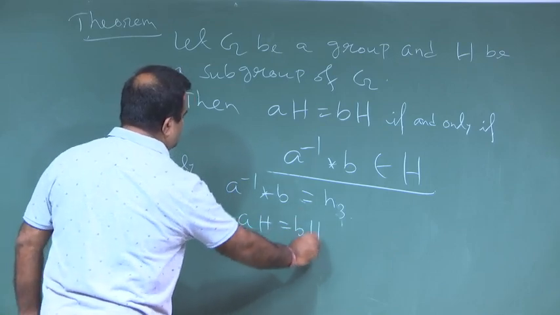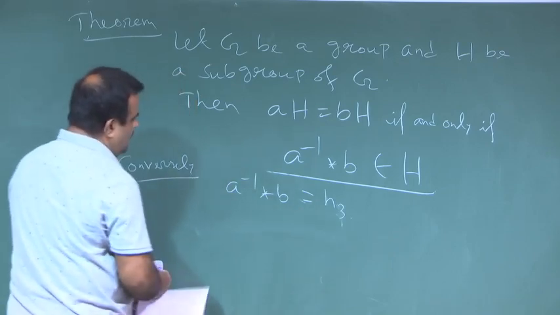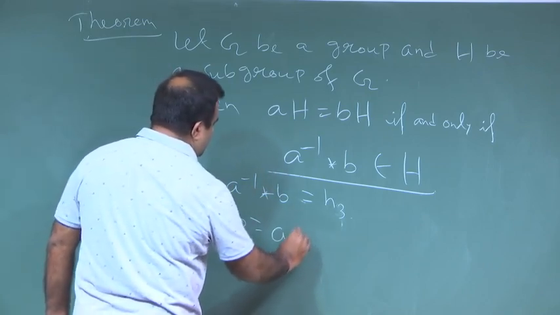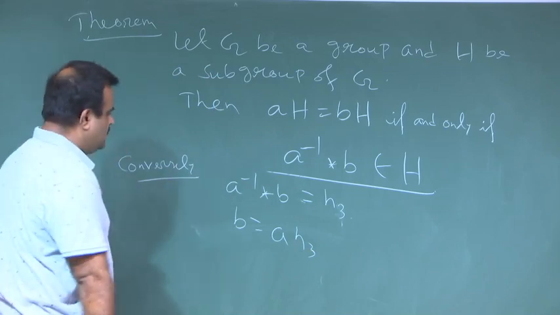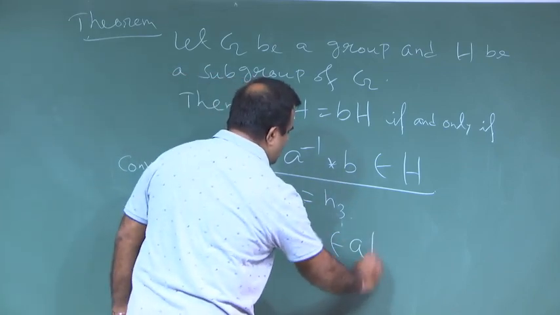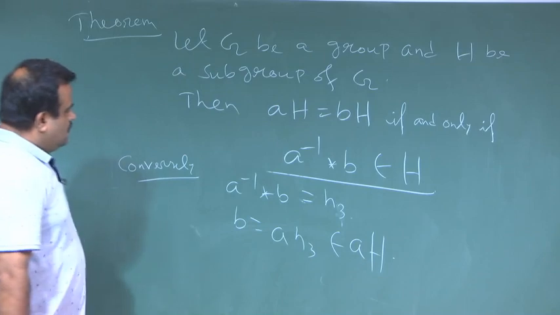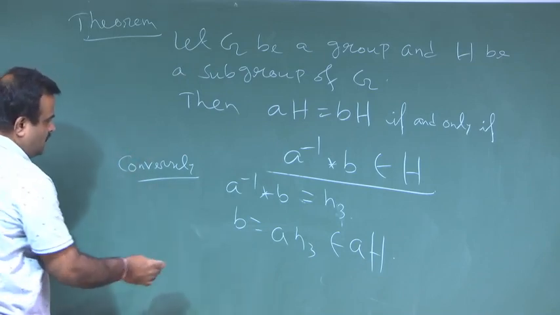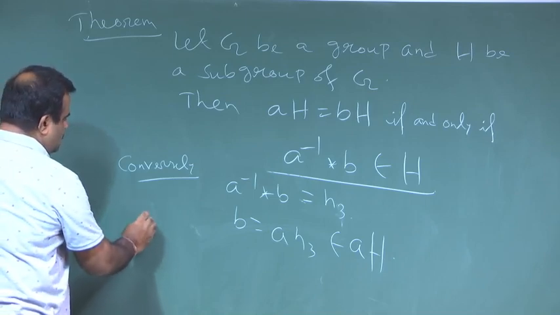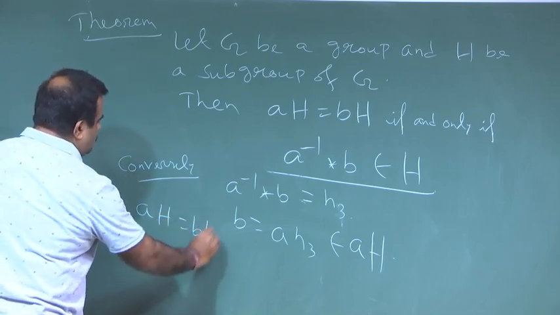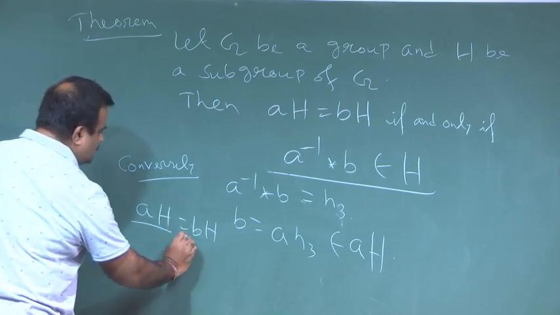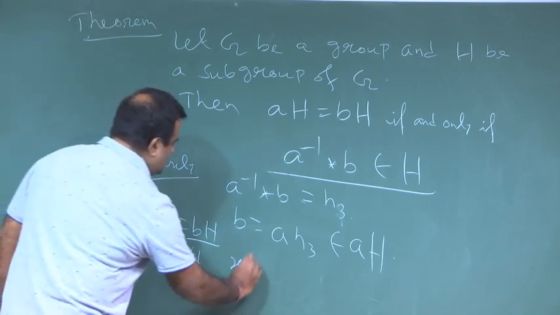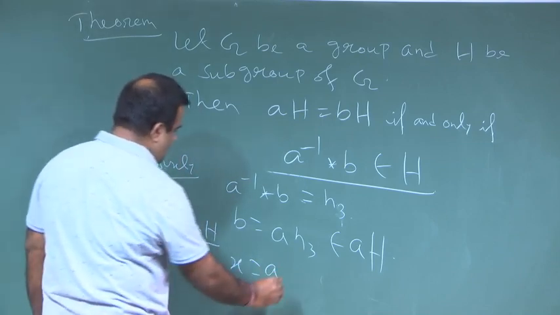So, that is quite obvious, because then B is basically, if we apply A on both sides, AH3. So, B belongs to AH. Okay. So, now we can formally prove that AH is equal to BH. So, how to show that? We have to take an element from here, we have to show this is an element of here. So, if we take an element from here, so that is x equal to some AH4.